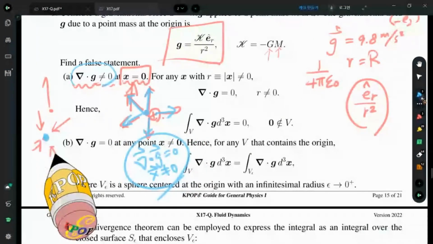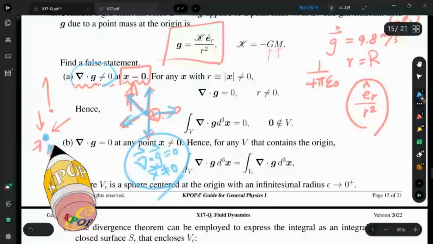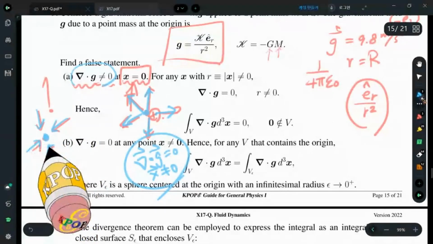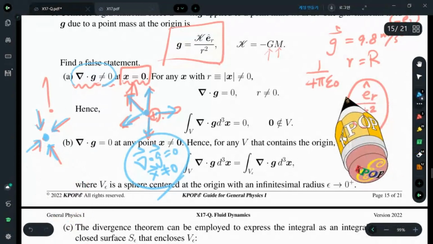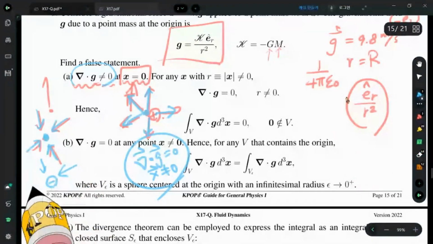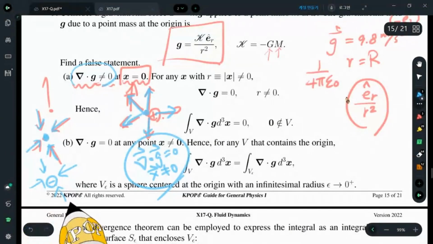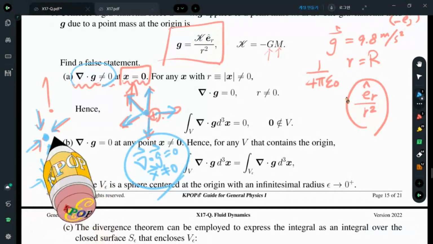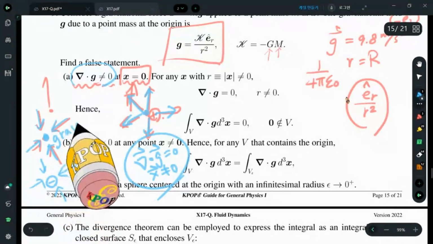It negatively diverges. It is something like a sink in the gravitational field case. It is equivalent to a negative electric charge, in which case the electric field converges to this one, like gravity.